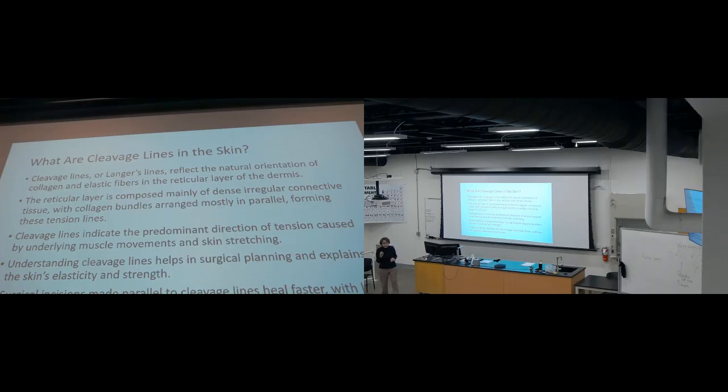The reason for following these lines when making incisions with a scalpel is to prevent breaking these collagen fibers in a transverse way that will prevent these collagen fibers from finding the endings of each other quicker when it's time to heal.